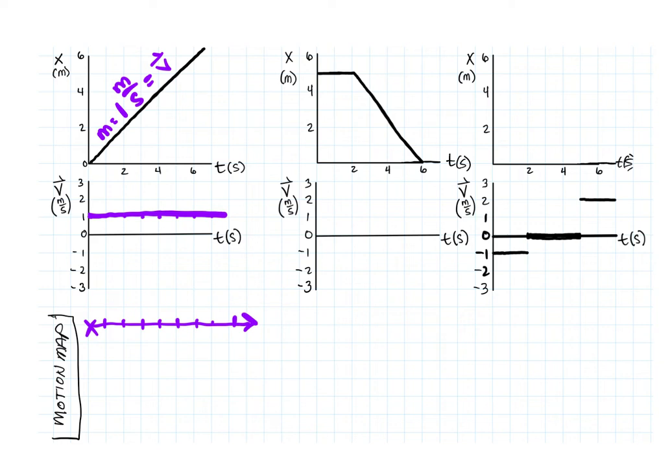Starting position is the y-intercept, so it's 0, and then you're going to go at 1 meter per second every second. So you're going to have a bunch of dots here. It's almost going to be too tight for me to even draw arrows, but I'm going to draw my arrows in. And that is what your motion map would look like.